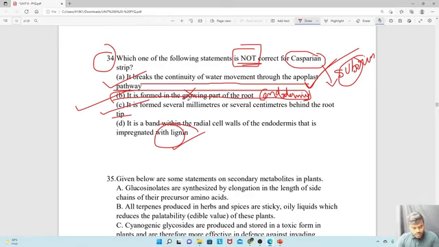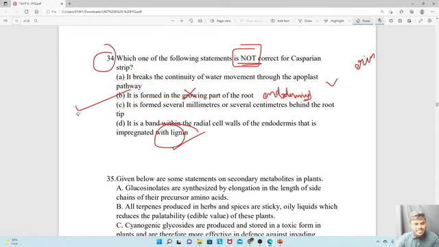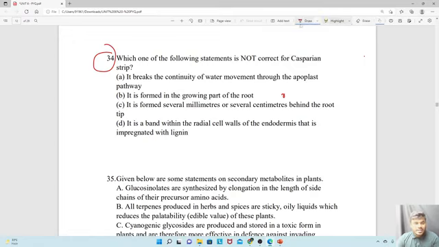Don't confuse. Correct, dear. It breaks the apoplastic pathway. Right. This is the only wrong statement: it is formed in the growing part of the root. See, the Casparian strip is present on the endodermis.